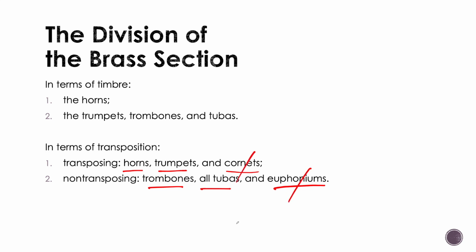You can ignore these ones, although the cornet we can also see in modern orchestras, but we don't. Euphonium is actually a tenor tuba, but today we use bass tubas. If you see tubas, they are bass tubas, and they are standard in our orchestras today.